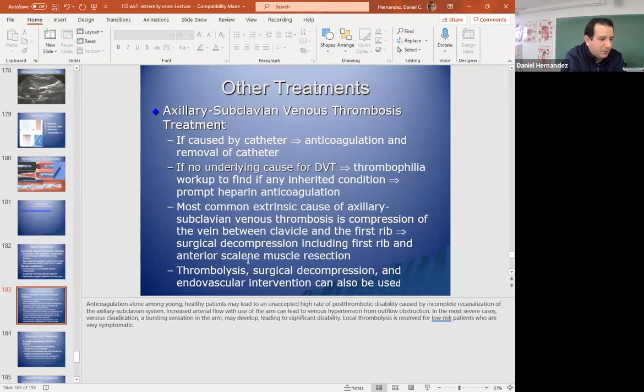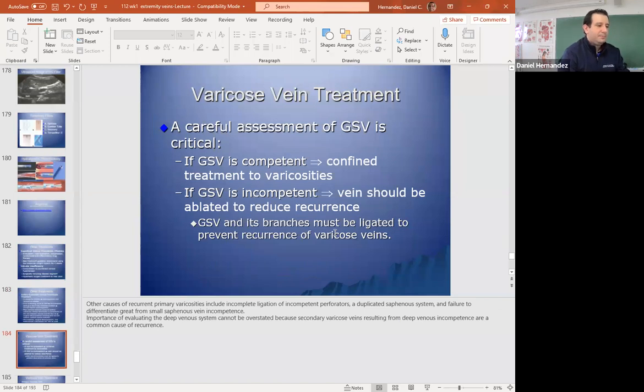Again, we can also do thrombolysis, surgical decompression, and endovascular interventions can also be used. Now varicose vein treatments. Before we do any sort of treatment, we need a careful assessment of the greater saphenous vein.